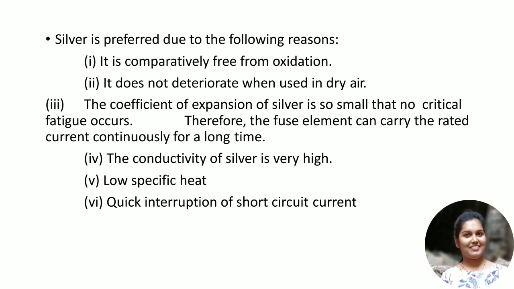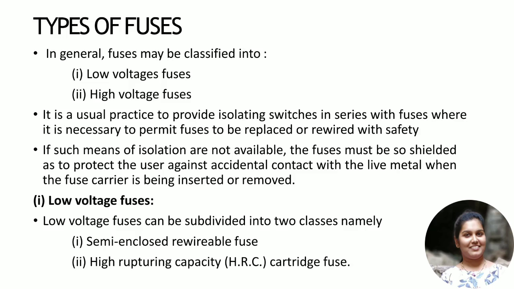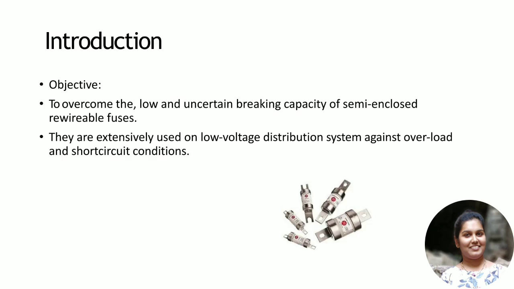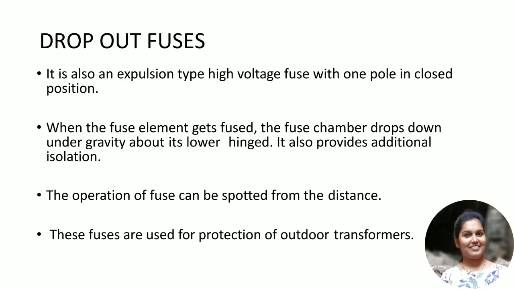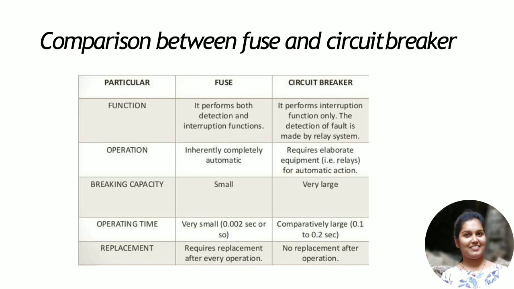Next, we have discussed arcing, and all other timings have been discussed in detail with the help of a graph in this class. Okay, in the next coming videos, we'll be discussing some other points related to fuses, or if time permits, I'll show you a small comparison between fuse and a circuit breaker.